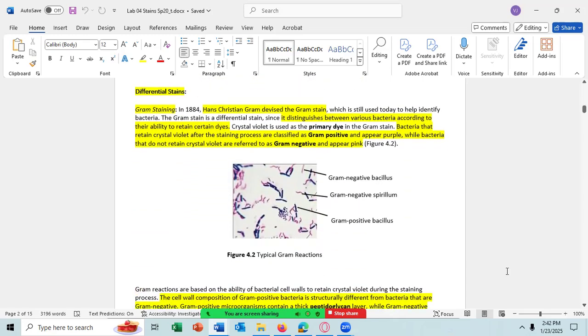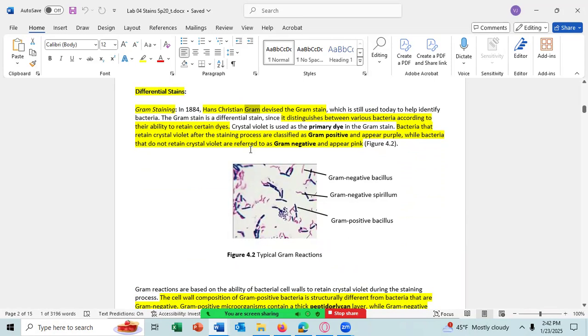All right, let's talk about a differential stain. In 1884, you don't need to know the year, but you do need to know the name, Dr. Hans Christian Gram devised the Gram stain. And you should capitalize the G in Gram because it's named after Dr. Gram. Any question about any of that?